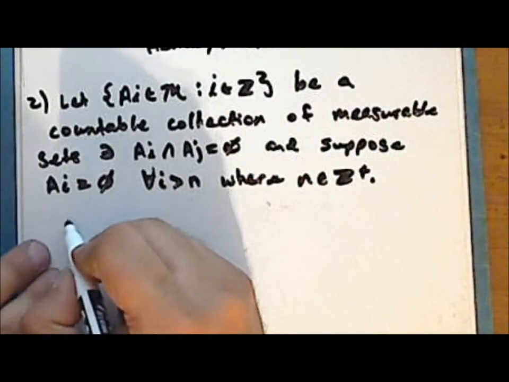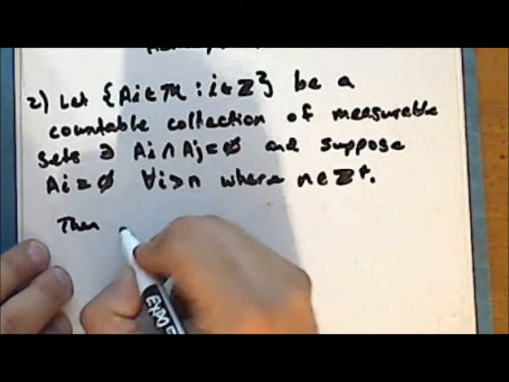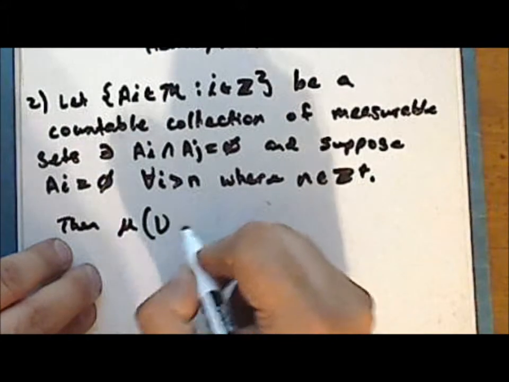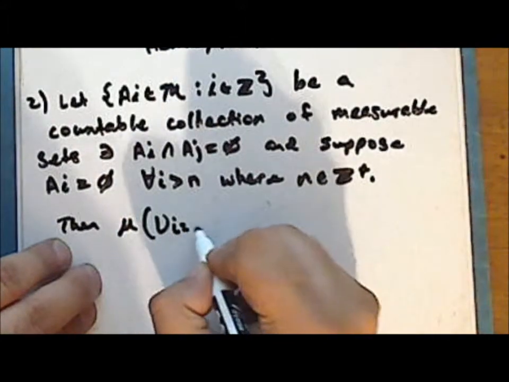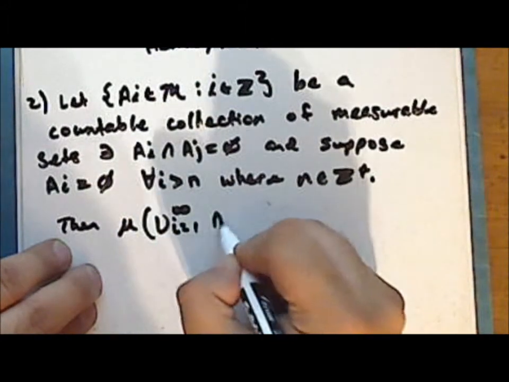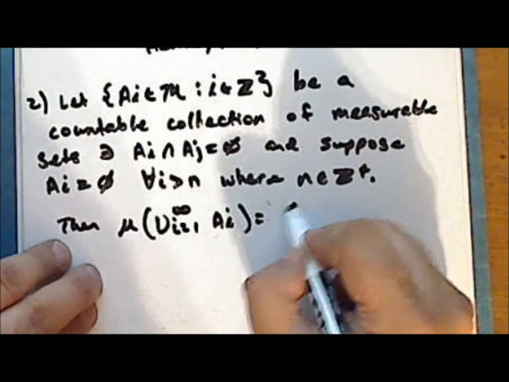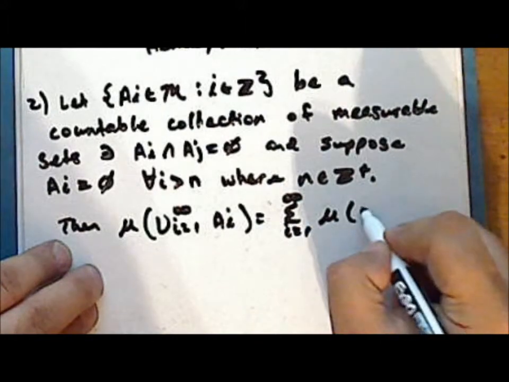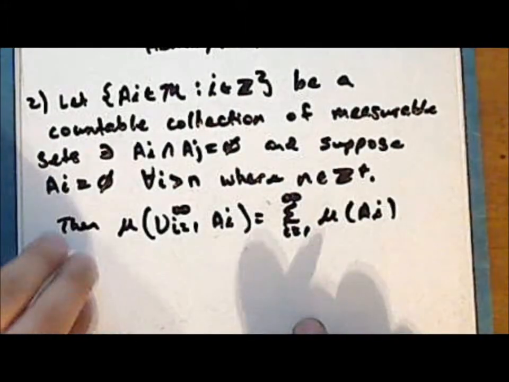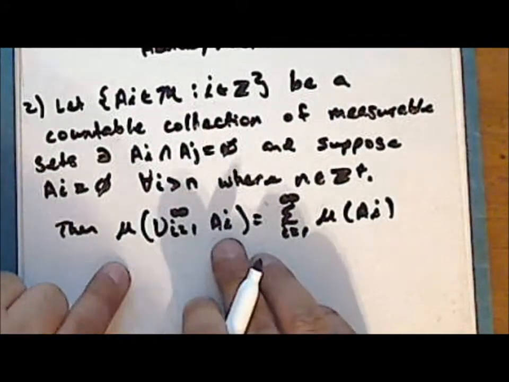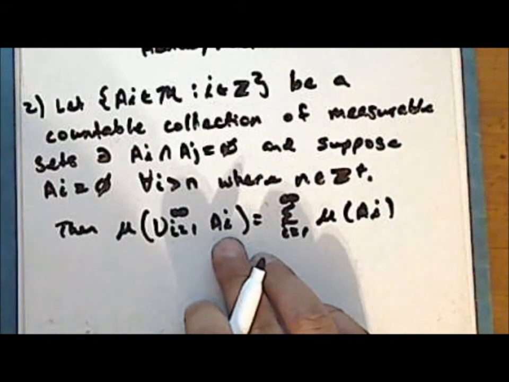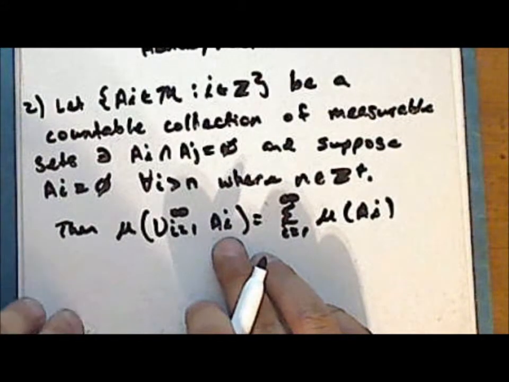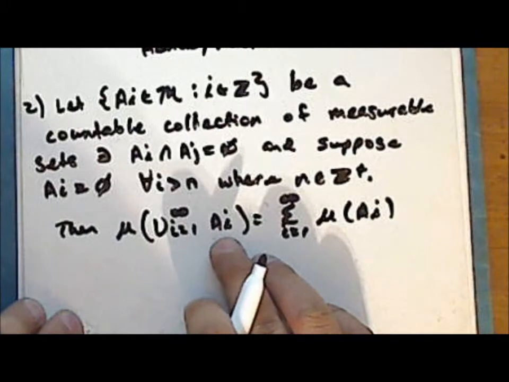Okay, so again, the measure is a countably additive function, and so the measure of the countable union of the sets is the infinite sum of the measures of those sets. Now, each of these sets A sub i are mutually disjoint, and for index values greater than n is the empty set.